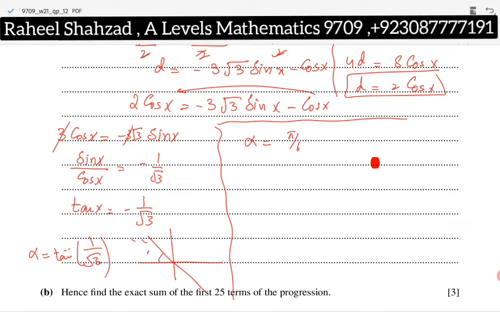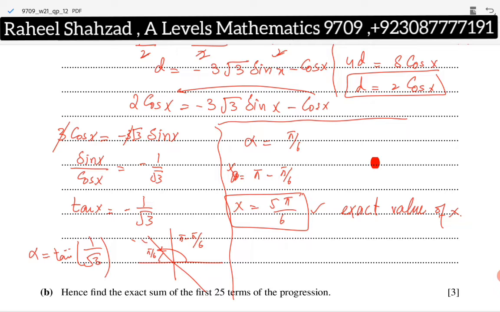Now this is pi by 6, we subtract it from pi, so pi minus pi by 6 will make it, sorry, not theta, it's x. x is equal to 5 pi by 6. This is the exact value of x we get.